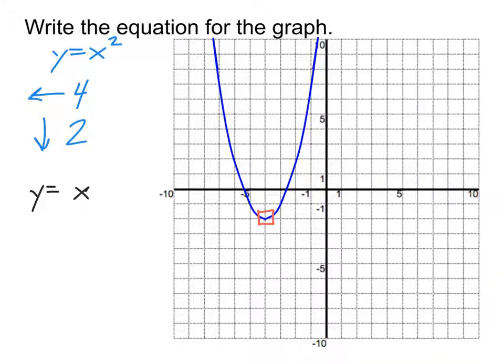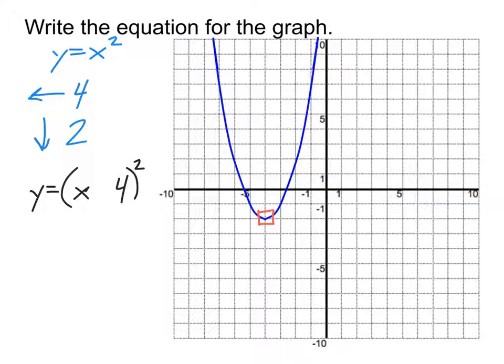But the squared is no longer sitting here on the x. I have to do the 4, either added or subtracted to it, before I do the squaring. And so that's why we introduce parentheses here. So that I can say that I'm going to do the plus or minus 4, and then it's squared. But the squared still has to be there because, of course, that was part of our parent function.